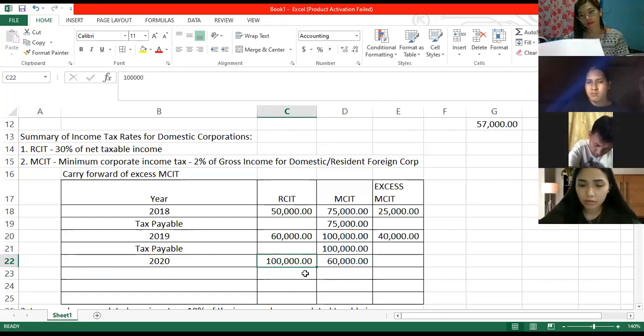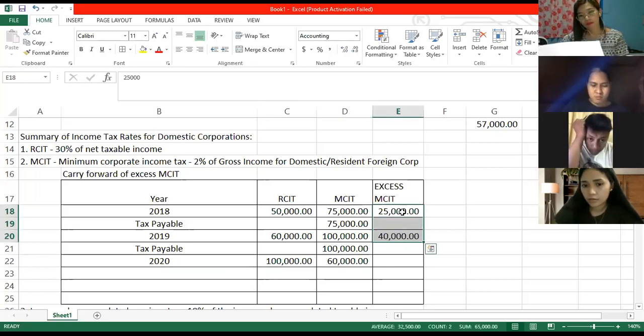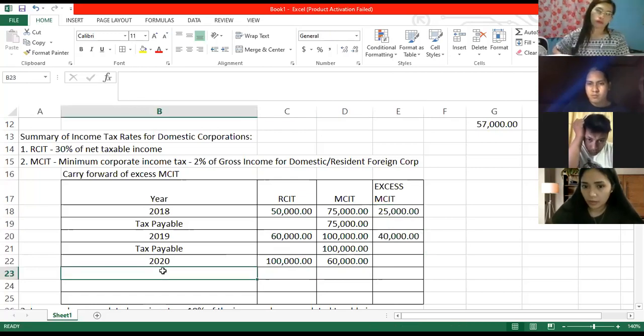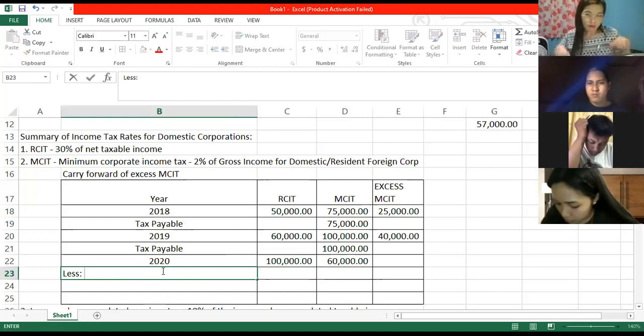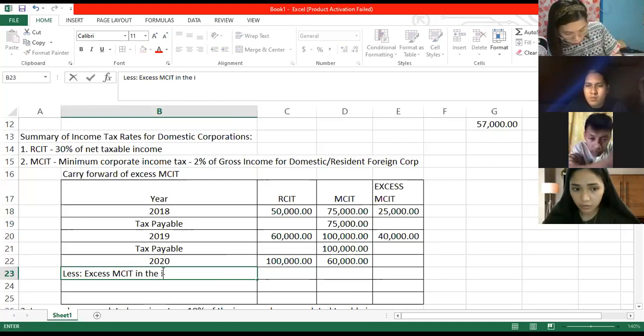The tax payable in that case, attorney, is the RCIT or the regular corporate income tax, which is 100,000 because it is higher than the MCIT. Okay, that's correct, no? Pero, take note that meron tayong mga excess MCIT. So, ano pala yung rule ng mga excess MCIT? Ang gagawin natin, ililess natin yung excess MCIT in the immediately preceding year. Okay, in the immediately preceding year.